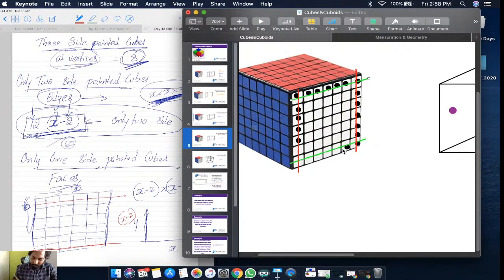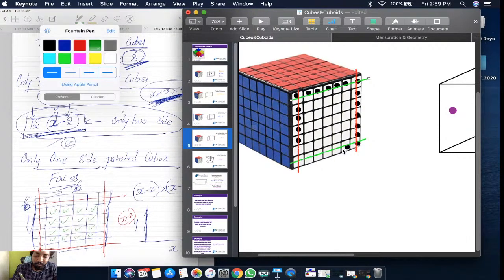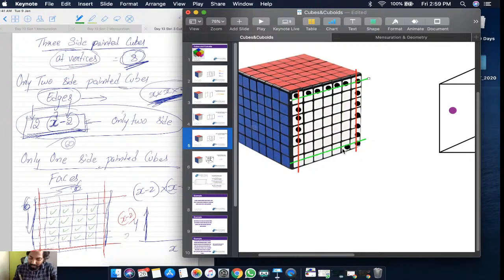And even in the x direction, I cannot consider the first row, first column, and the last column, because all of them are either two-side painted or three-side painted. I can only consider whatever remains. I can consider this, but the rest surrounding them I should not consider. So what I can consider is x minus 2 in y and x minus 2 in x.